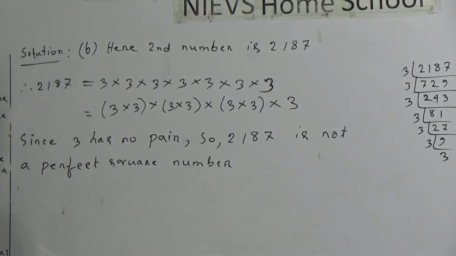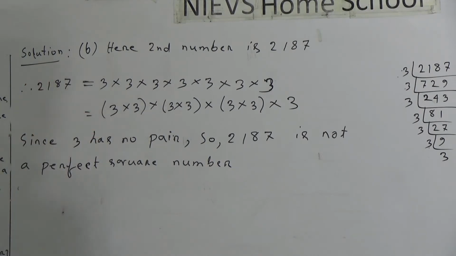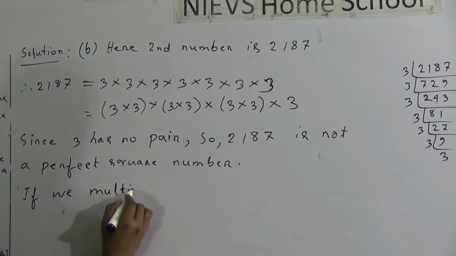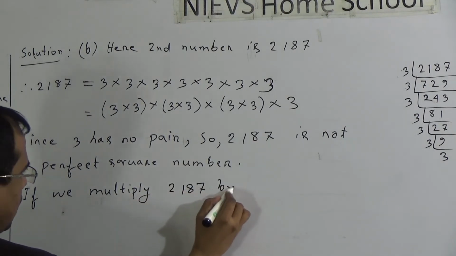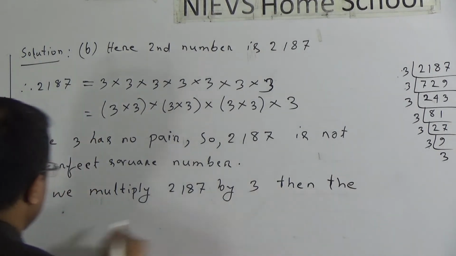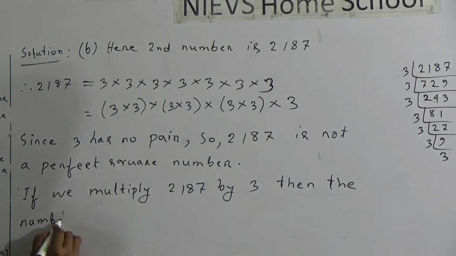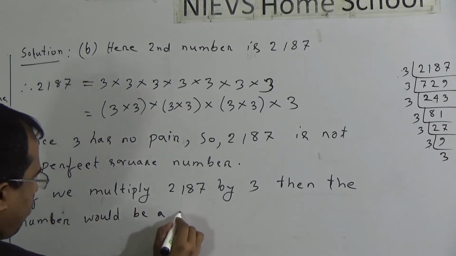That means if we multiply this number by 3, then this number will be converted into a perfect square number. If we multiply 2187 by 3, then the number would be a perfect square number.